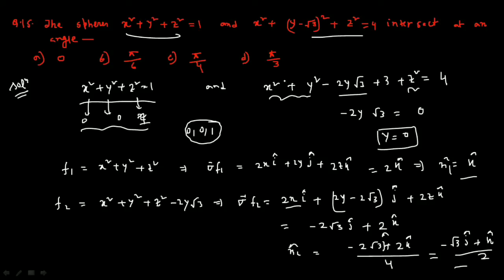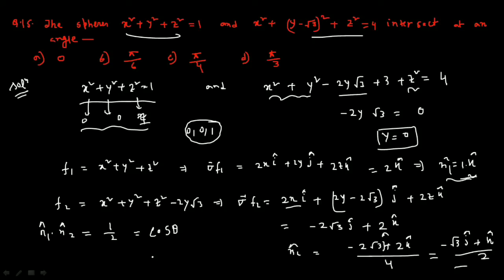Now how can you find the angle between these two directions? You have to take the dot product. n1 cap dot n2 cap: only k cap is common, k cap is 1 and here the coefficient is 1, and 1 into half is half, and for the other coefficient it will be 0, so the dot product is half. And n1 dot n2 is nothing but cos theta, because these are unit vectors, 1 into 1 into cos theta.